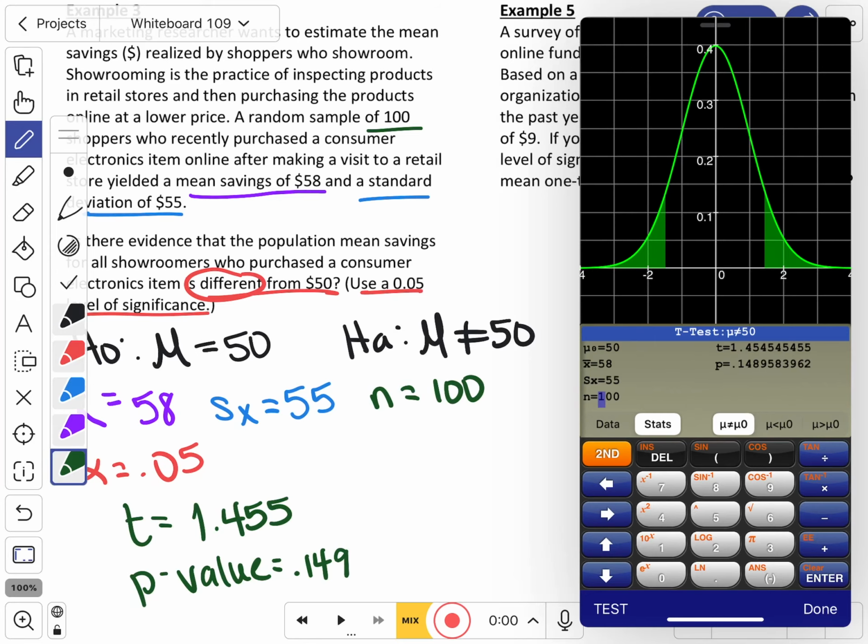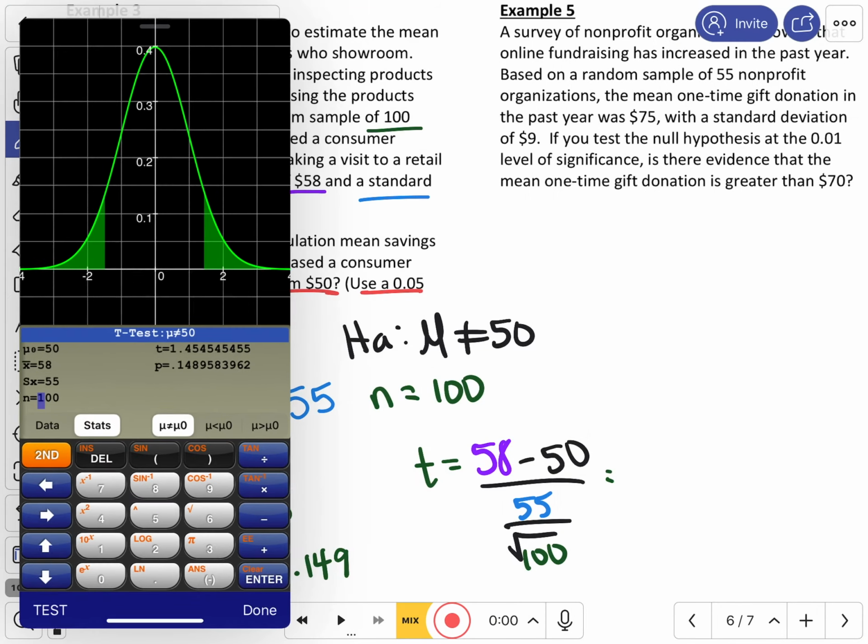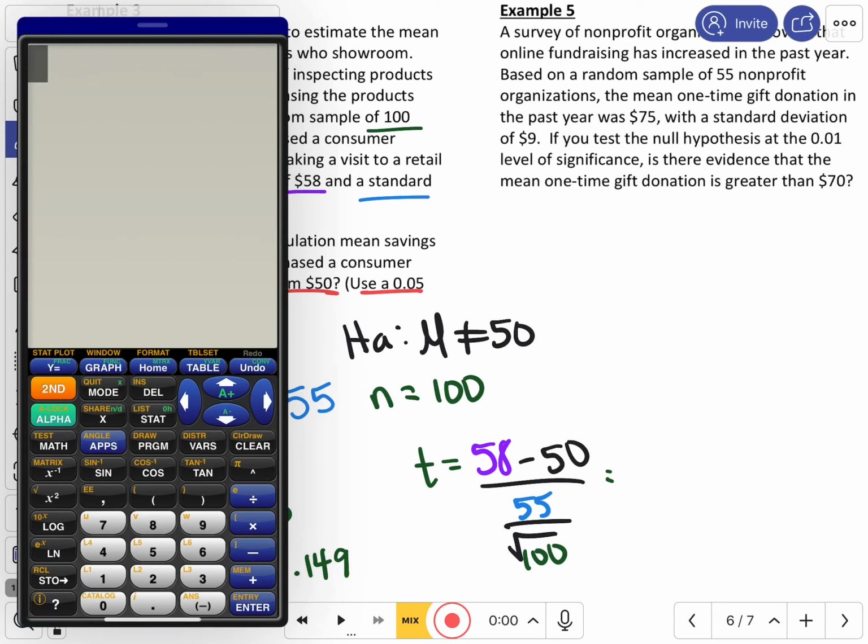And remember, we can do it by finding the actual t statistic, where t is equal to X bar minus mu divided by S of X over the square root of the sample size.